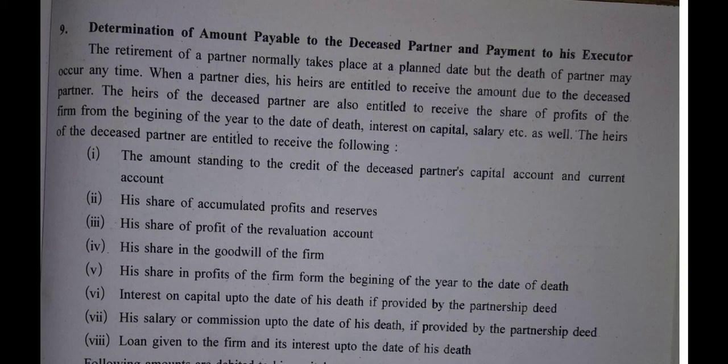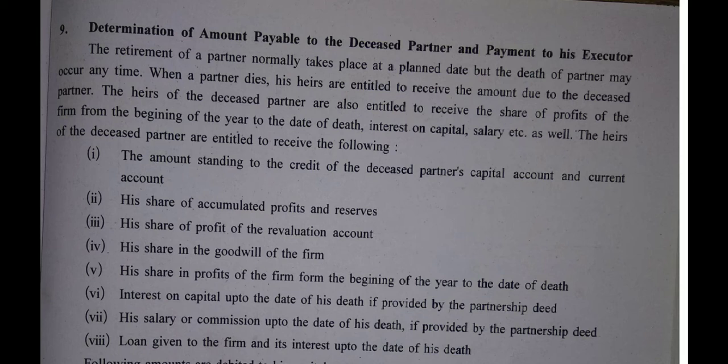So here the partner has died, still the amount is to be credited. Just the way you pay to the retiring partner, the amount is to be paid to the heirs of deceased partner, just because that person is not now in existence. तो ये सारा अमाउंट आप उनके वारिस को देंगे.